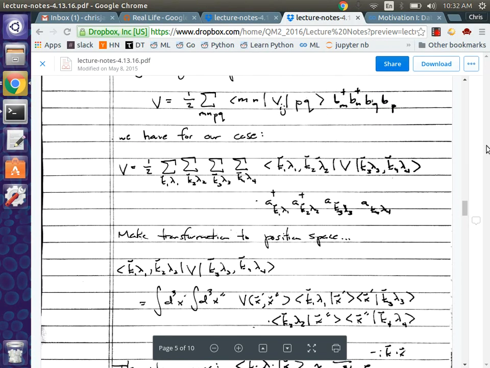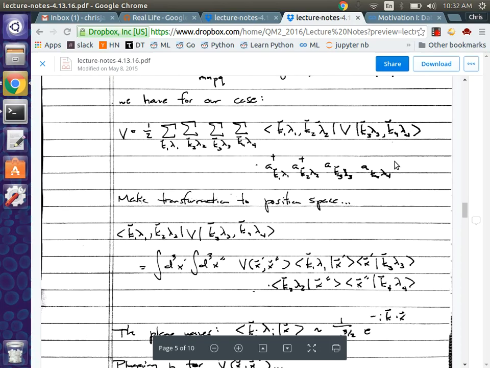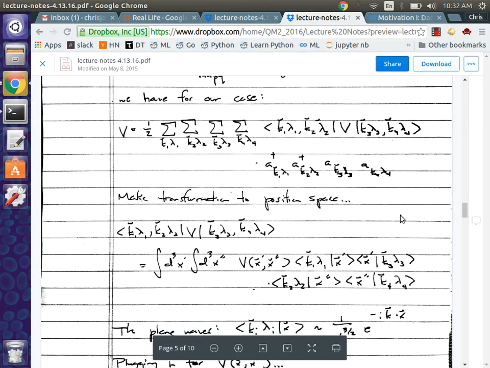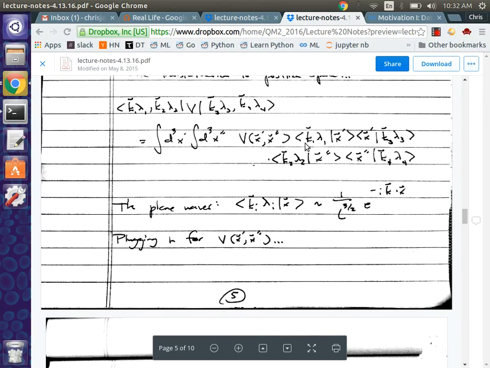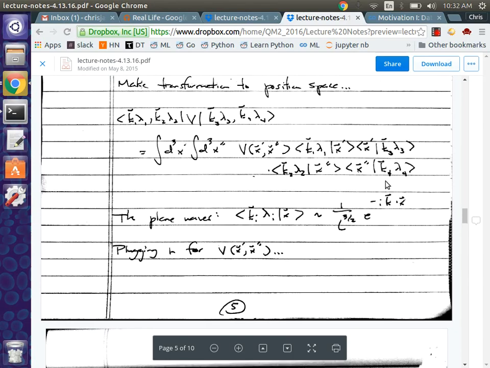So I just wrote down the operator using our generic form, and inserted some complete sets of states so we could evaluate this operator. What's left over are 4 factors of these overlaps. If I forget about the spin for a minute, these things are plane waves, and I can write them like this.